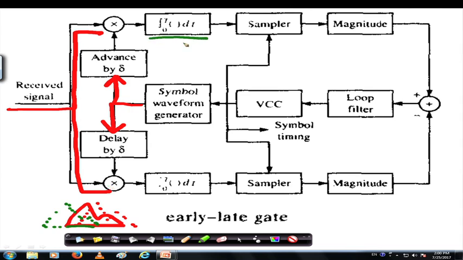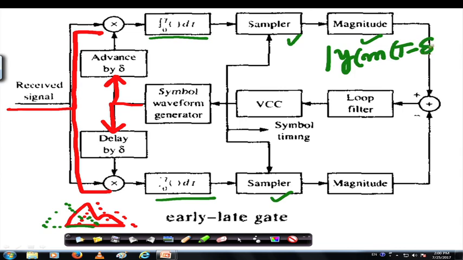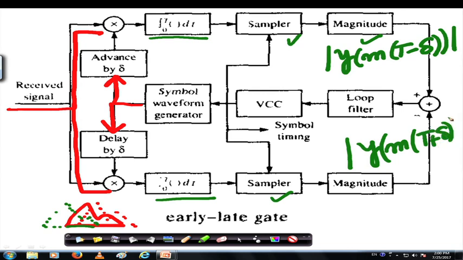Pass it through the integrator, standard procedure we have seen, then the sampler, and take the magnitude, that is mod of y m t minus delta, and mod of y m t plus delta.